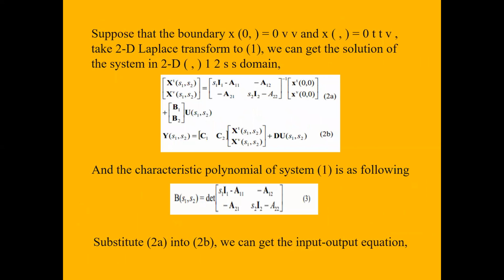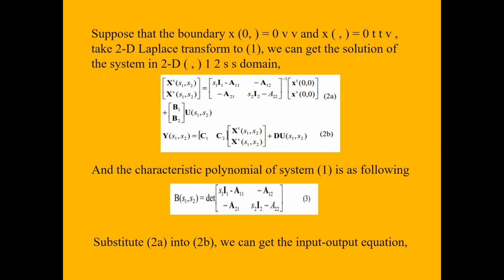Suppose that the boundary is x of 0, 0 comma infinity is equal to 0 comma v and x is equal to 0, t comma v. Take 2D Laplace transform to equation 1 so that we can get the solution in the 2D s1 and s2 domain.